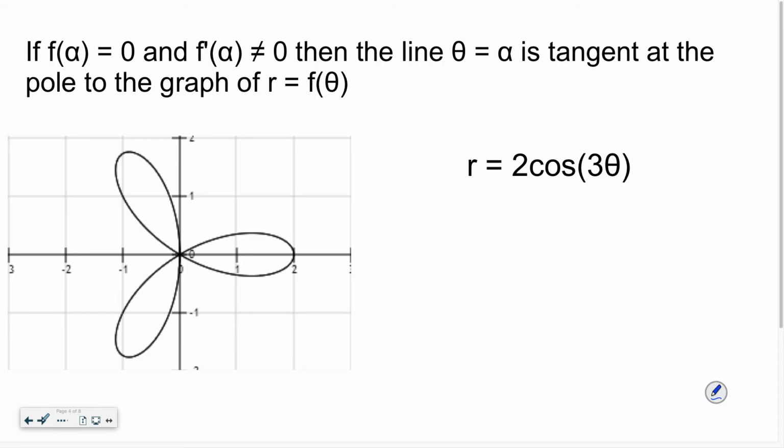You're just supposed to know that if you have a 0 on the function f, and the derivative isn't 0 there, then your tangent line is at that angle, theta equals a. Okay, we got it.